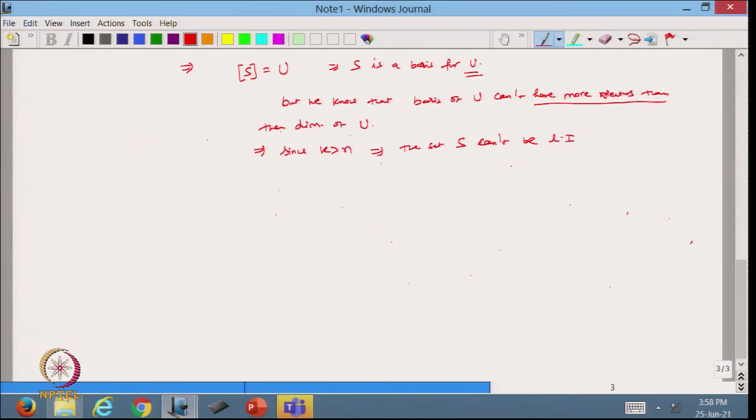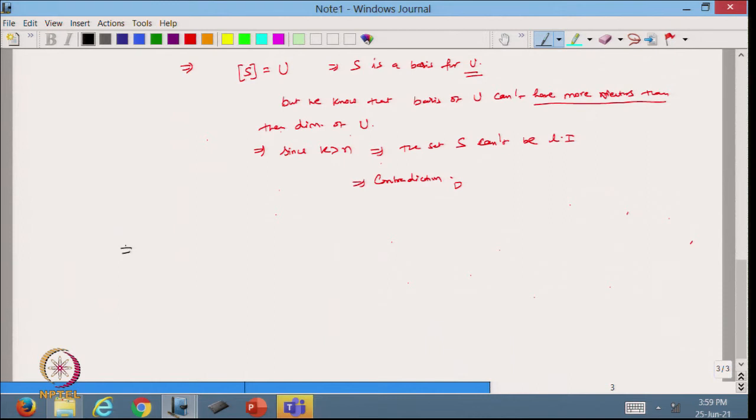So, which is a contradiction. So, which implies that the given set is the maximal set. So, that shows that beta is the maximal linearly independent subset of the vector subspace U.